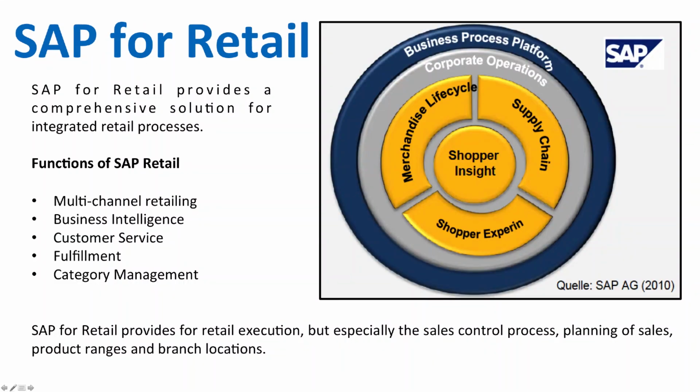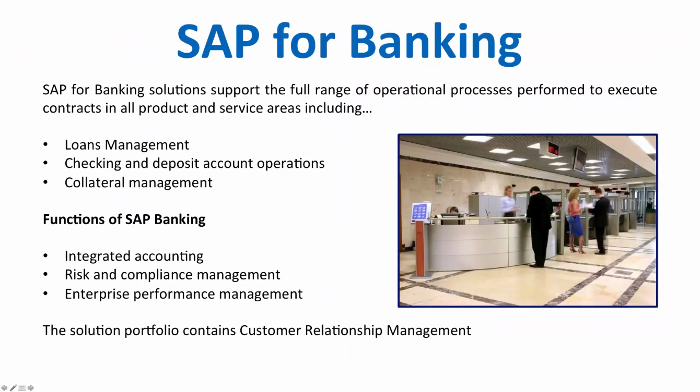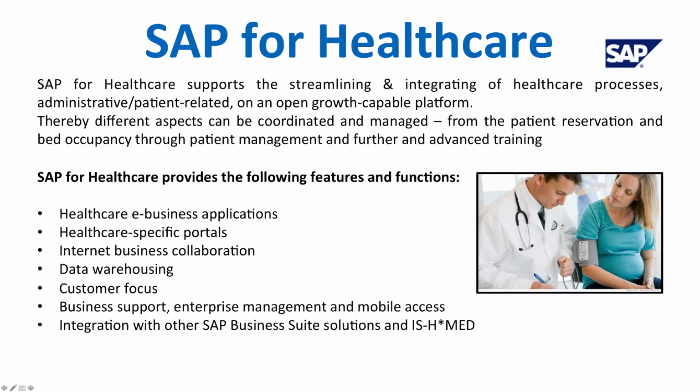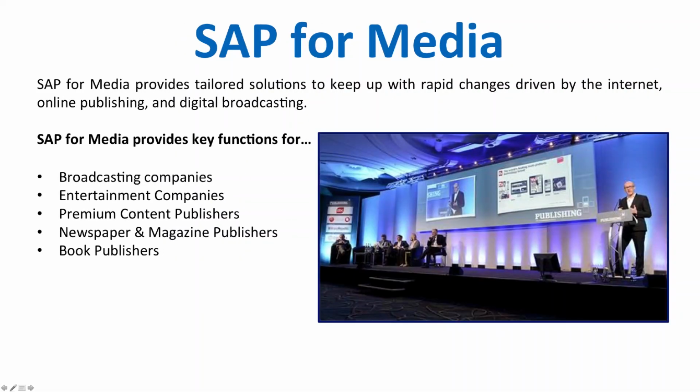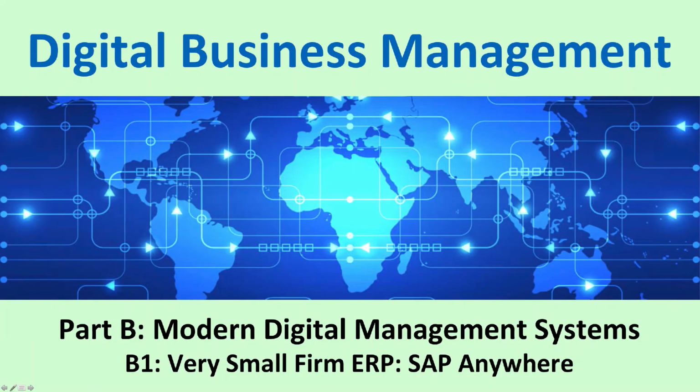And then you have bespoke packages, or standard packages, sorry, for banking, for healthcare, for the media. You can have an ERP system for any of those. So at that point I want to finish this video, because the next step is to go to part B, where we're going to look at the latest ERP systems. So thank you very much.